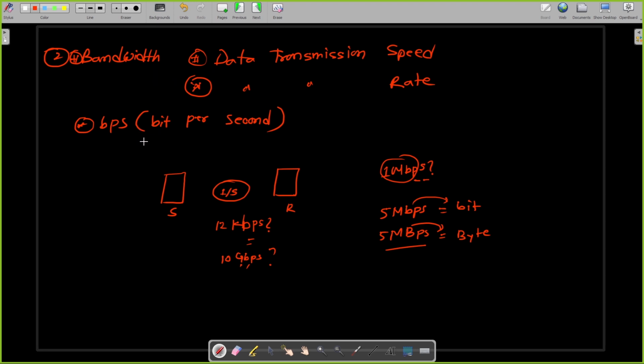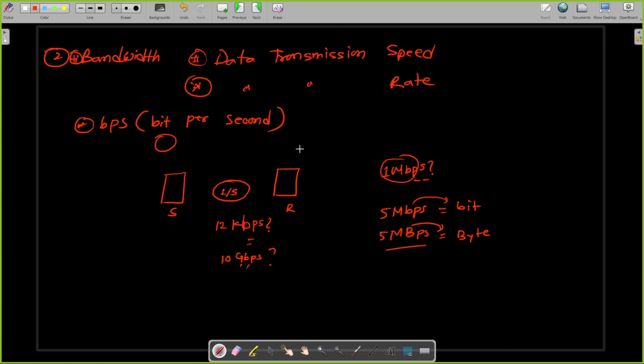If you ask for bps, that means how many bits you can transfer from one device to another device. That is called bps. When you are asked for bps, you have to say just the bit, not the entire data. If you say how much data you can transfer from one device to another, that means you are free from the unit of the data.